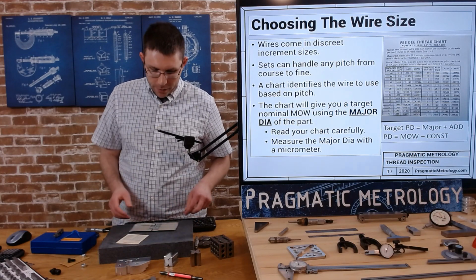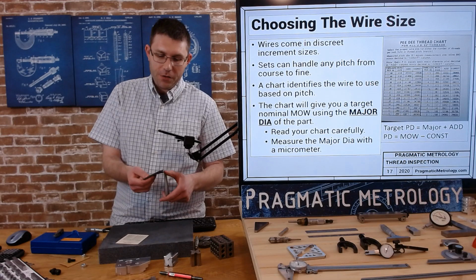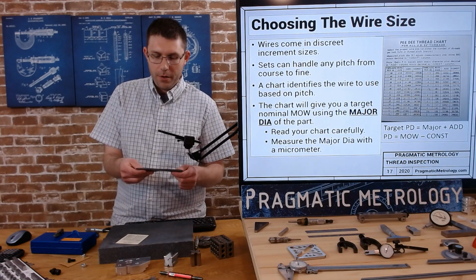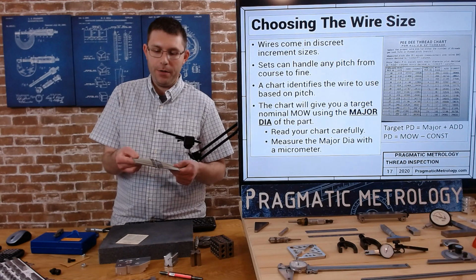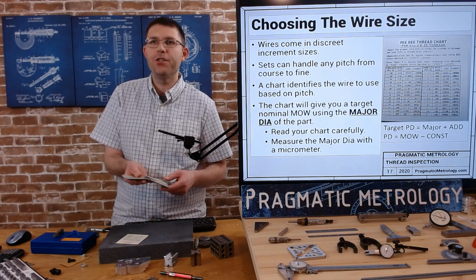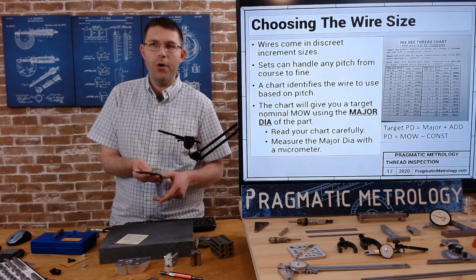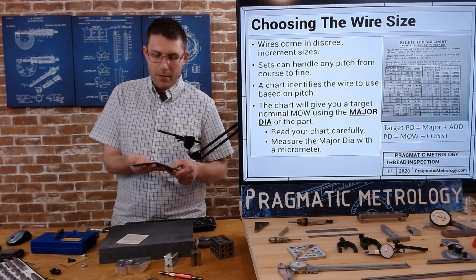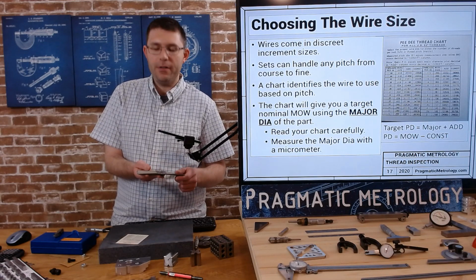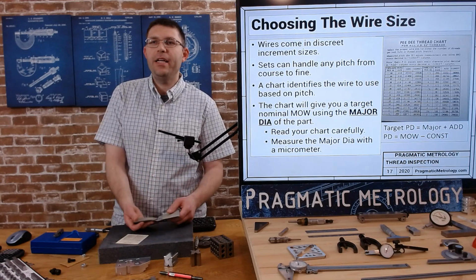These wires come in discrete sizes, discrete sets, but they're designed to work for any pitch. So there's more pitches available than wires. You can go pretty much from like 4 threads per inch up to 80 or more. And this one set looks like it's about, I don't know, 16 different sizes. This one set can handle all of those.